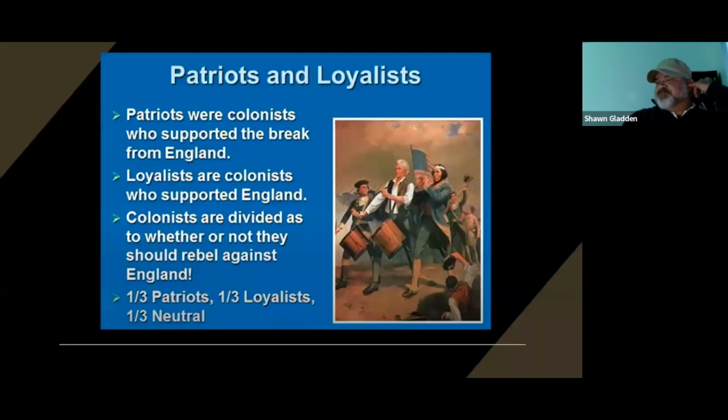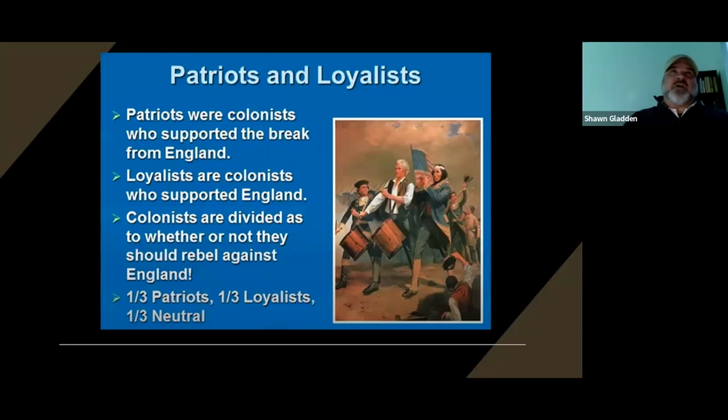Okay. I think it's important when we look at the colonies during the Revolution. Once again, something that is often misunderstood is that everyone in the colonies was behind the revolution, and that's not the case.